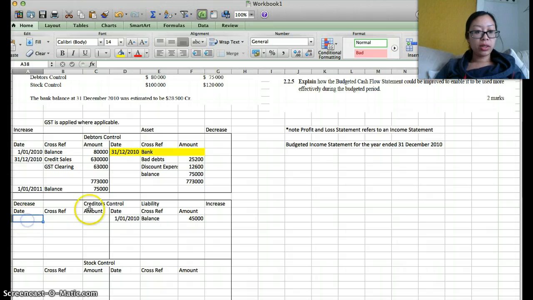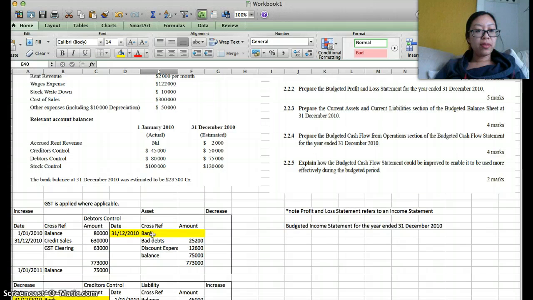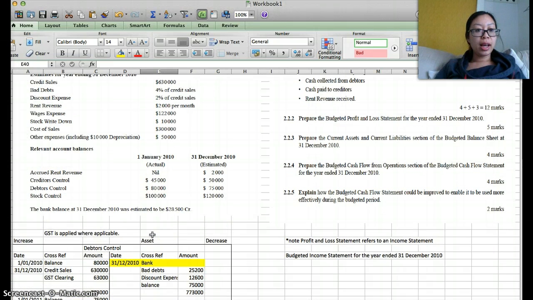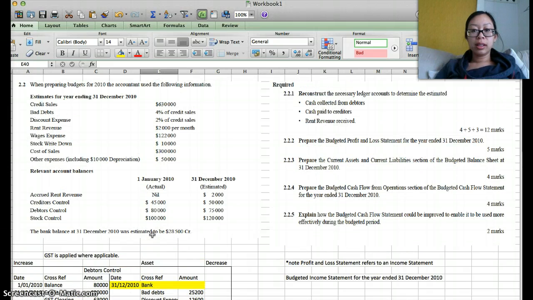So that would decrease your creditors. It would be bank. So that's what we're trying to find. Other information we need, well, what's the relationship we have with creditors? We buy stock from them. So we're trying to find how much stock, let's say, we bought from them.